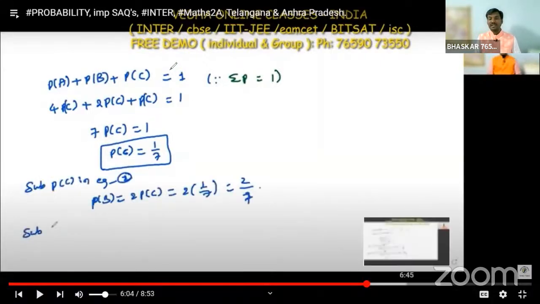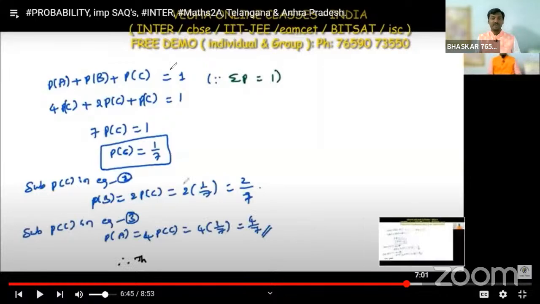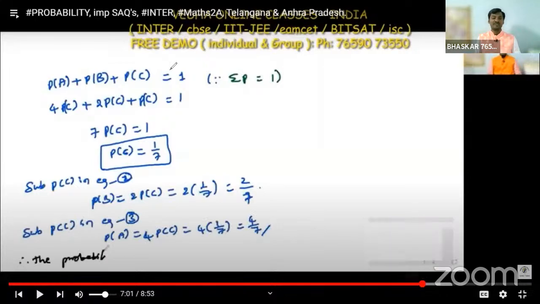If you substitute this probability of C value in the equation, probability of B equals 2 into probability of C, that is 2 into 1 by 7, which is 2 by 7. And if you substitute this probability of C in equation 3, probability of A equals 4 into probability of C, that is 4 into 1 by 7, which is 4 by 7.